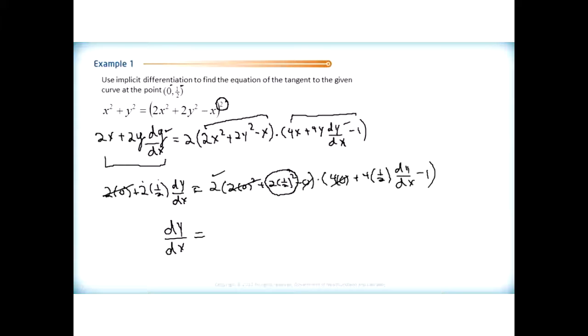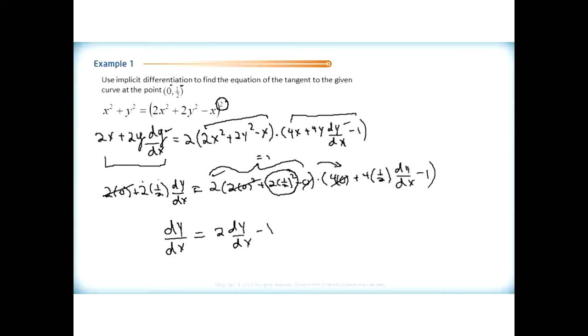So all this stuff out here is just equal to 1. So 1 multiplied by this stuff over here isn't going to make much of a difference. So I'm just going to have 4 times 1/2, which is 2, dy over dx, and then subtract 1 times 1, which is a 1 there.